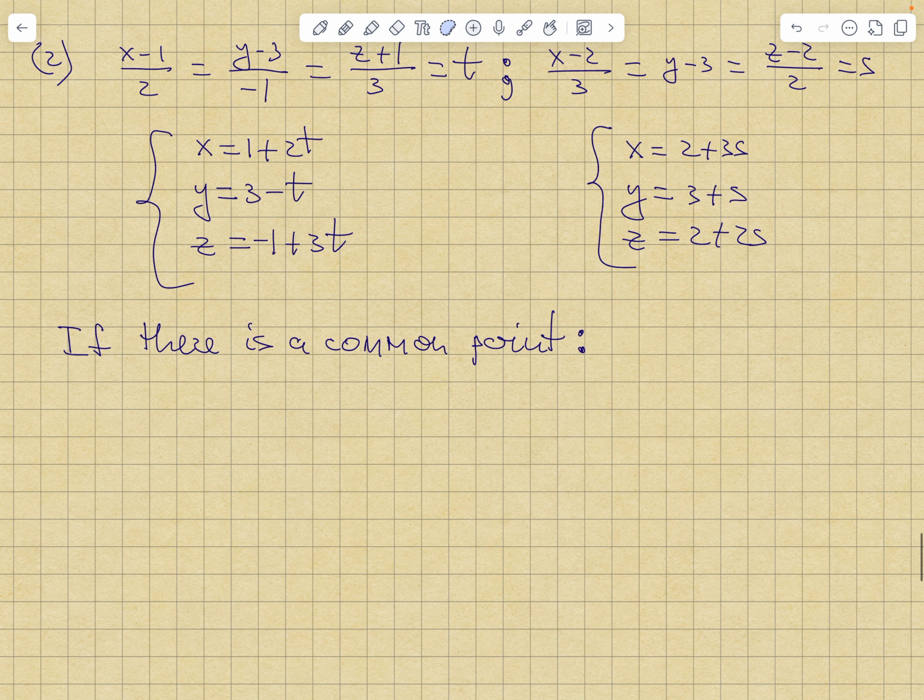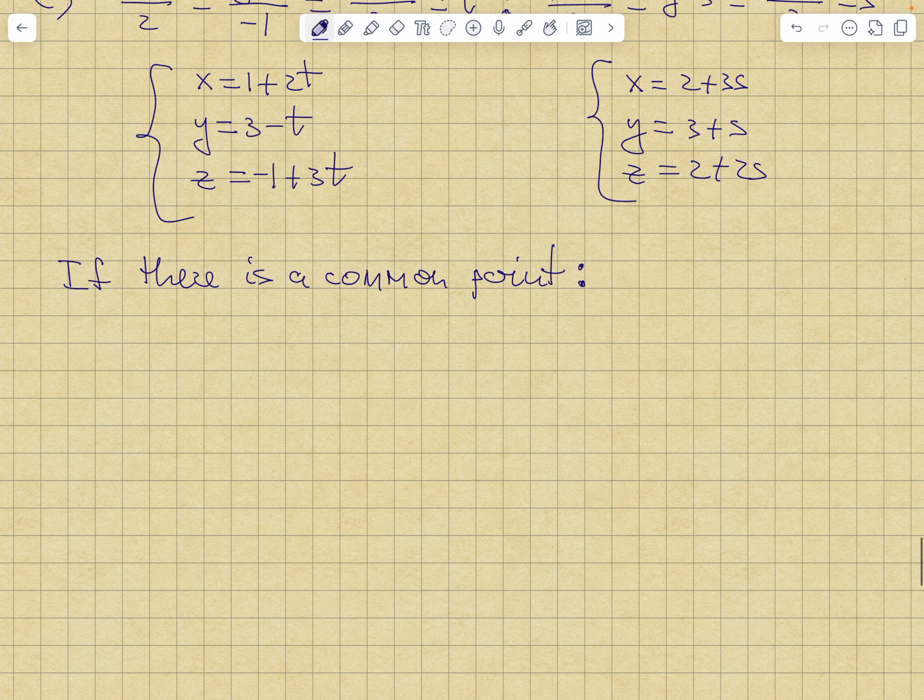So 1 plus 2t should be equal to 2 plus 3s. 3 minus t should be equal to 3 plus 2s. And minus 1 plus 3t should be equal to 2 plus 2s. So these three equations would need to be satisfied at the same time.